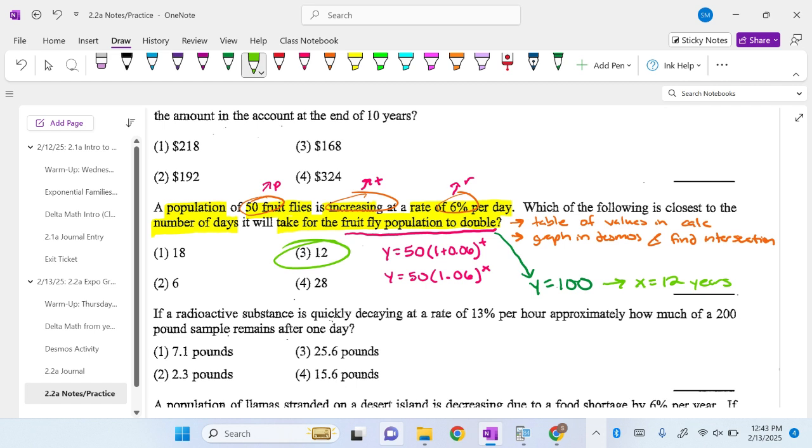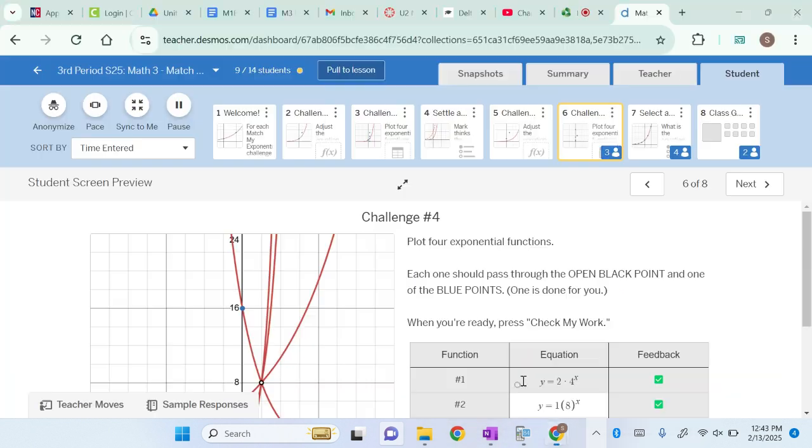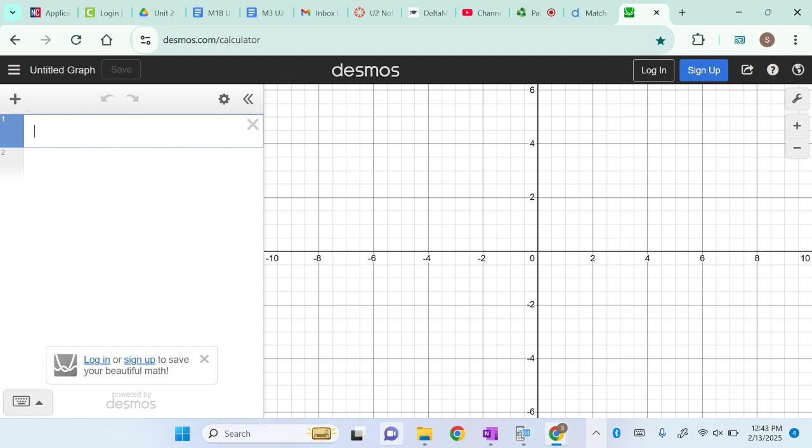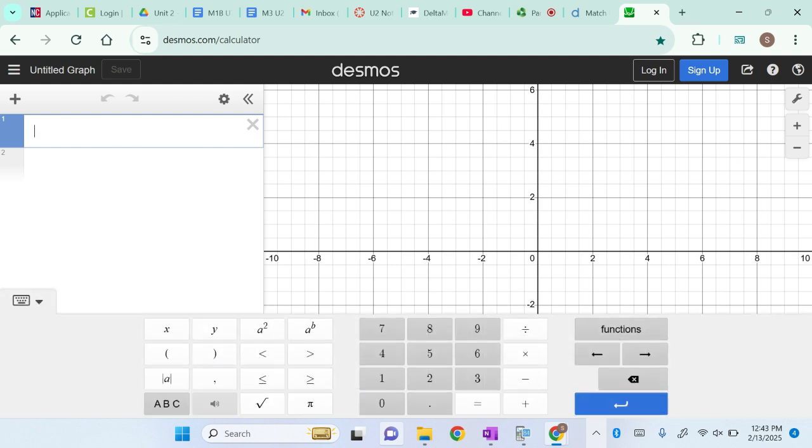Now, the other way you could have done it is in Desmos. The way you would do this in Desmos is you would make a graph of this and find the point of intersection. So in Desmos, I would type in my function that I came up with originally.